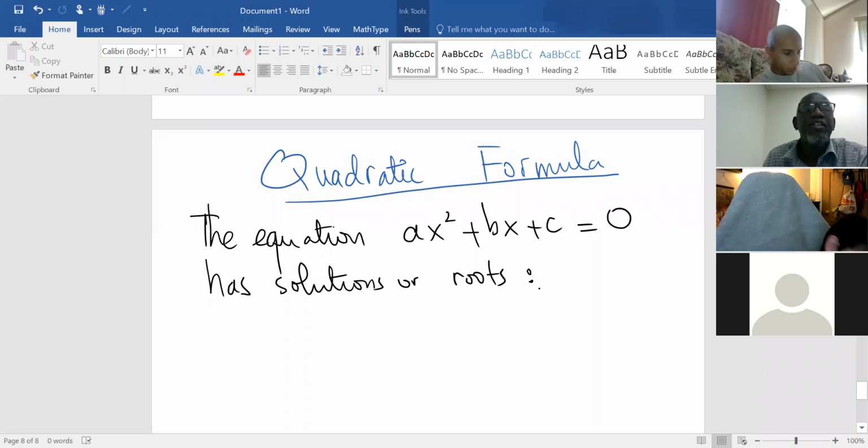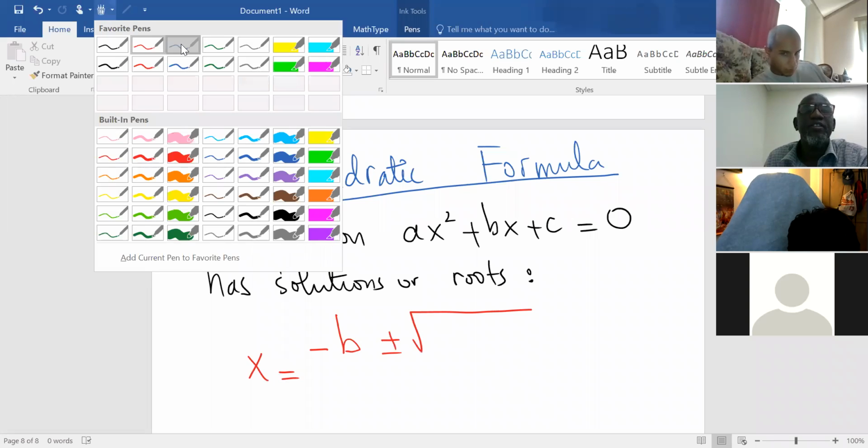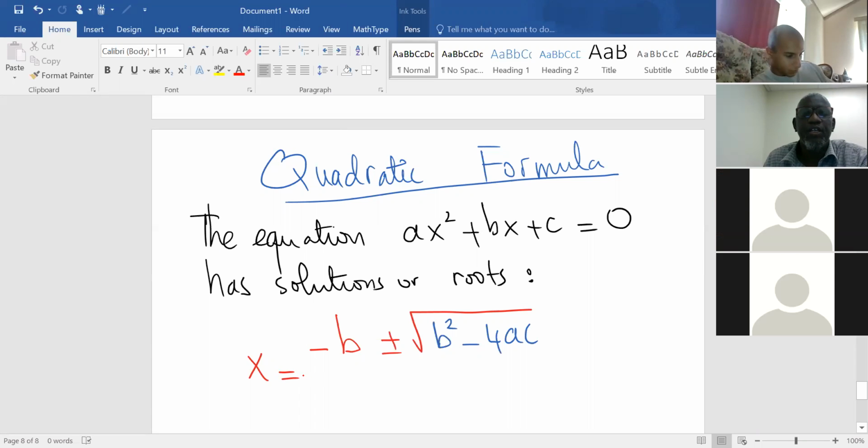What are they? x equals the opposite of b, which is negative b, plus or minus the square root of b squared minus 4ac, all over 2a.